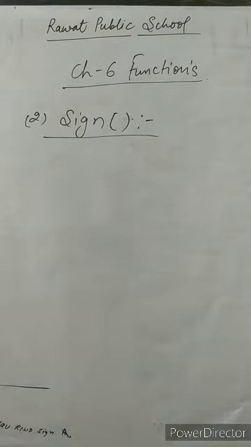If a value is negative, it is below zero. And zero is a neutral value, neither plus nor minus.